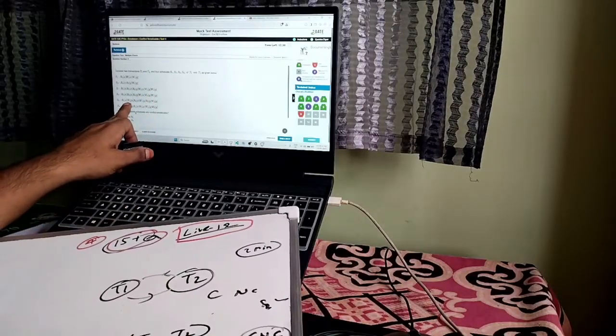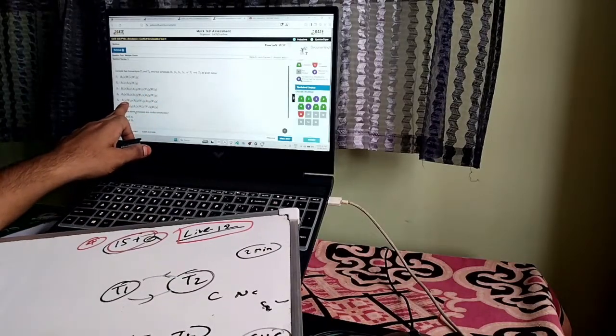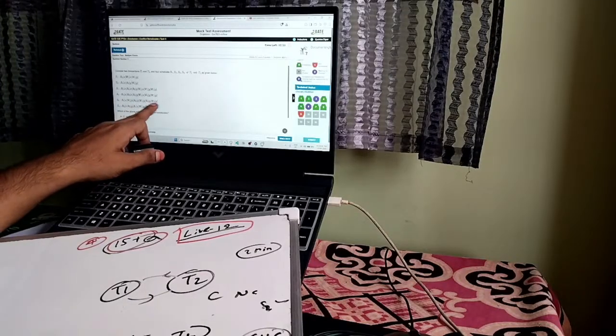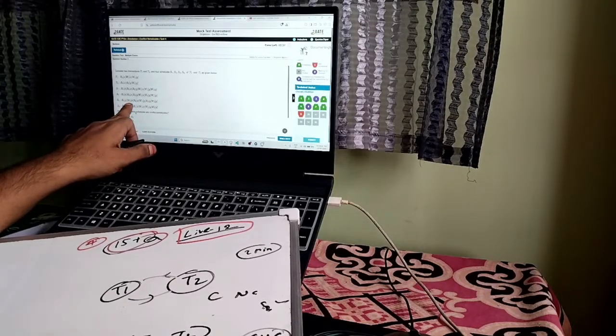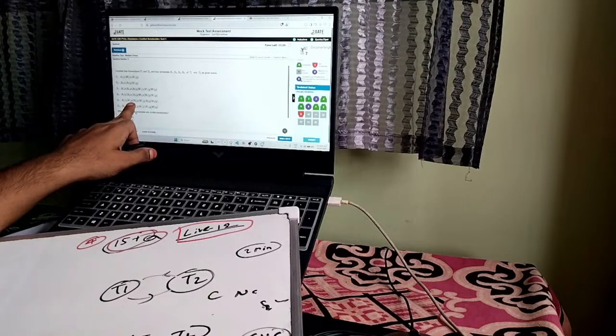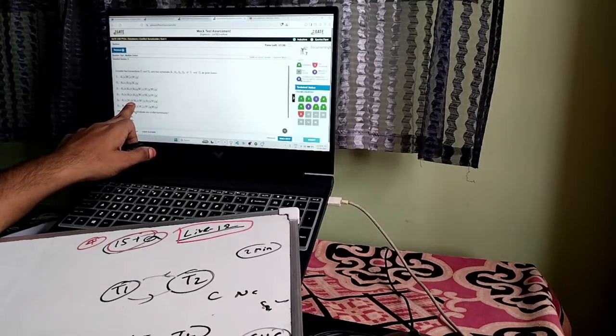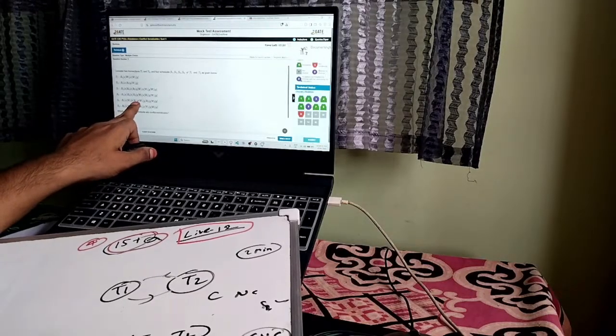Where is S3? Okay. R1 of X is here. Then W1 of X is there. Yeah, perfect, 1 to 2.